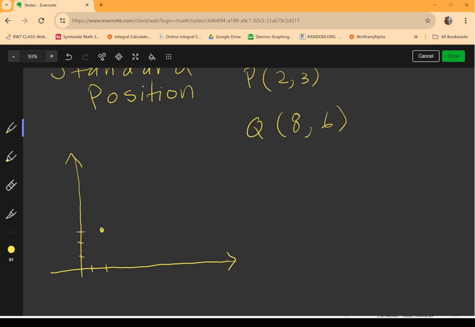We'll call this P, and then Q is 2, 3, 4, 5, 6, 7, 8, then 3, 4, 5, 6. So somewhere out here. So that is Q, and if we define the vector PQ, that looks something like this.